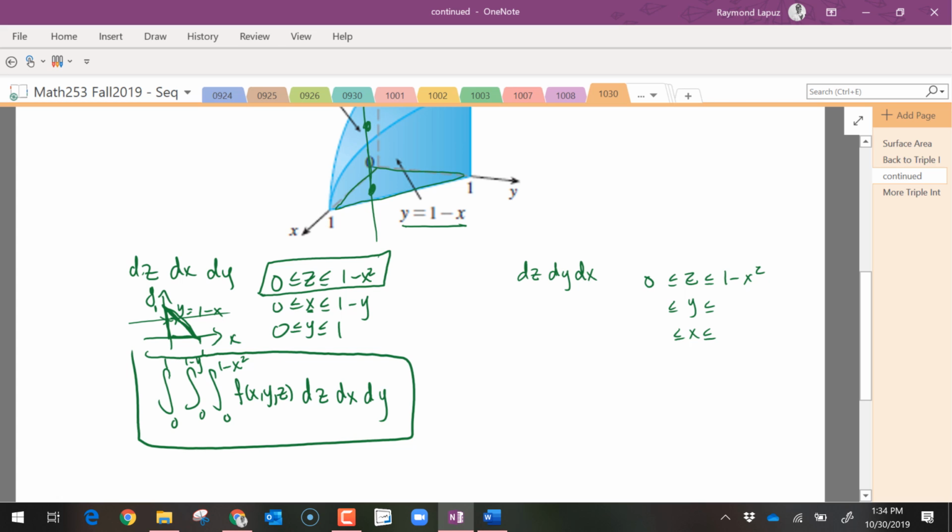And now instead of the x first, we're going to do the y first. So we draw our line parallel to the y-axis, and then we're going to enter through y is equal to 0. And then we're going to exit through this line again, y is equal to 1 minus x.